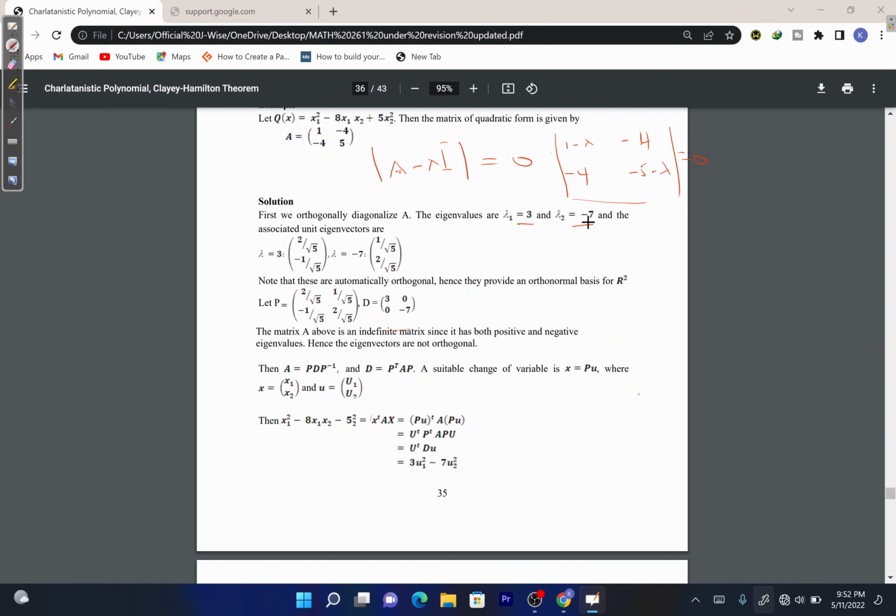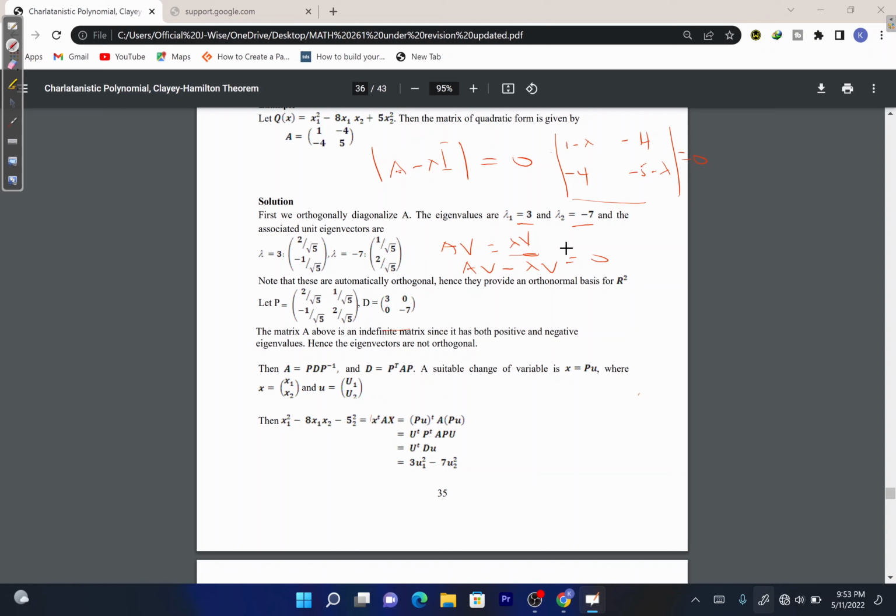negative 7. Then we find the corresponding eigenvectors of these eigenvalues. From linear algebra 1 we know that Av equals lambda v. We can bring this to the other side of the equal sign, and we get Av minus lambda v equals 0.